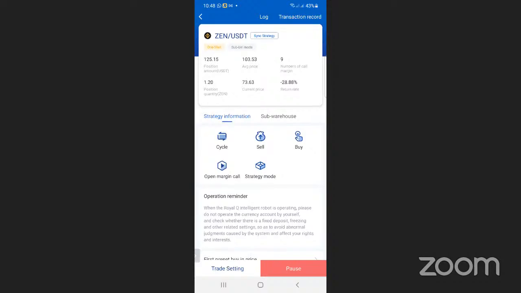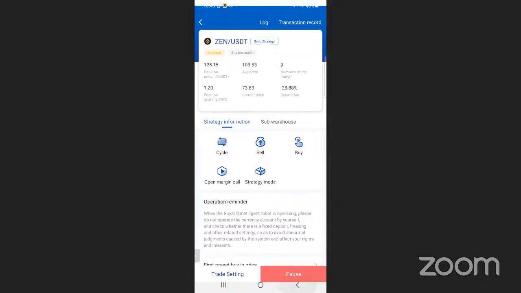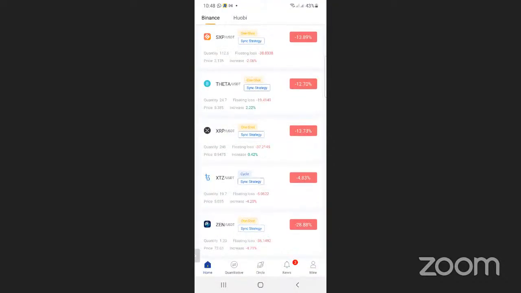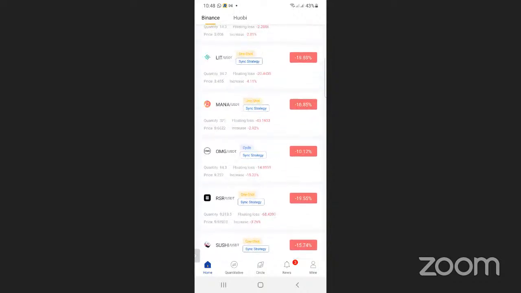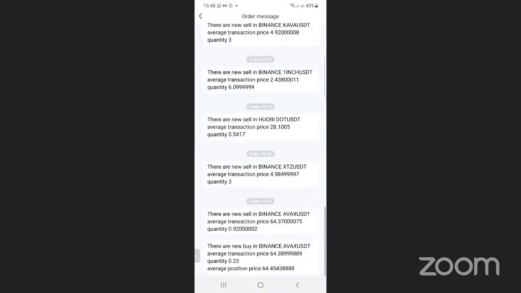But this is unrealized loss. It's just imaginary. And I'm happy because the more the coin is into more floating loss, once the market bounces back, you make more profit than the floating loss that is happening. So we should be happy about our coins floating. And if we have enough USDT, I usually love the buying.